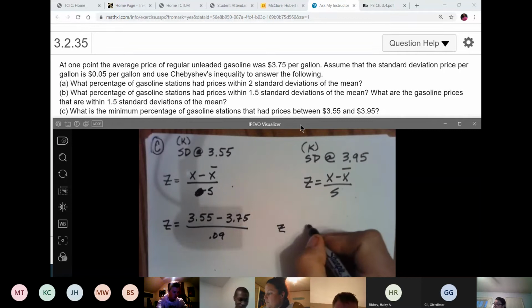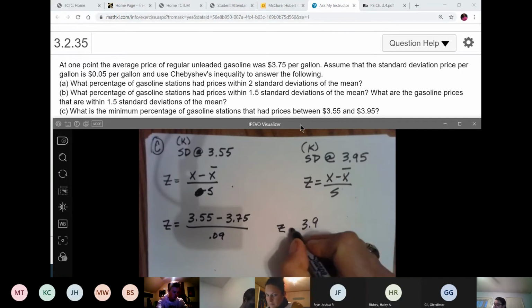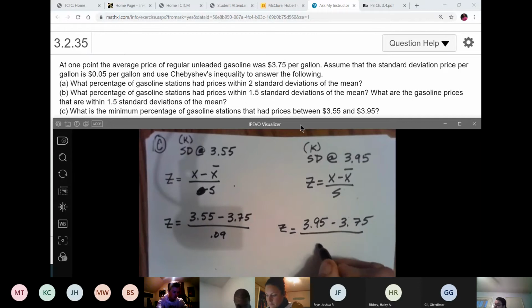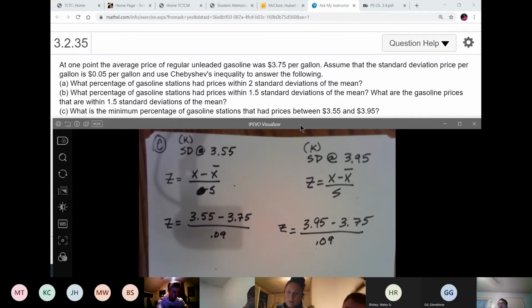Z, 3.95 minus 3.75 divided by 0.09. And I want y'all to give me, it's probably going to come out to be -4 and 4. But go ahead and do it. See what you come up with.